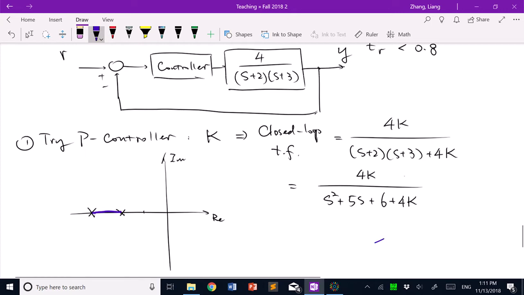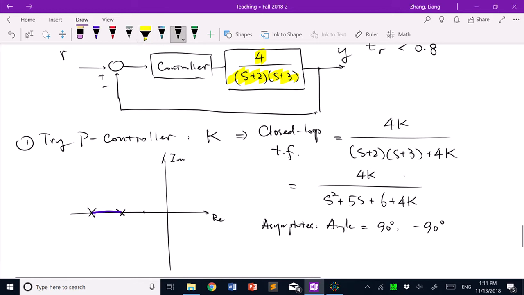The asymptotes, you should have two, with the angles being 90 degrees and minus 90 degrees, since the difference of the order here is 2: the numerator 4 has order 0, and the denominator is a second order polynomial.